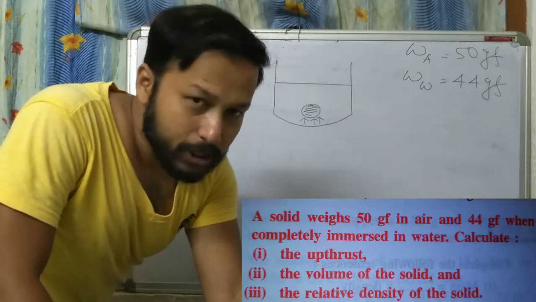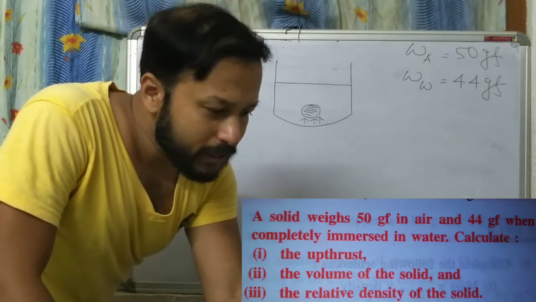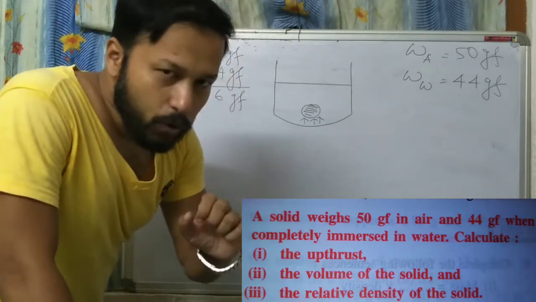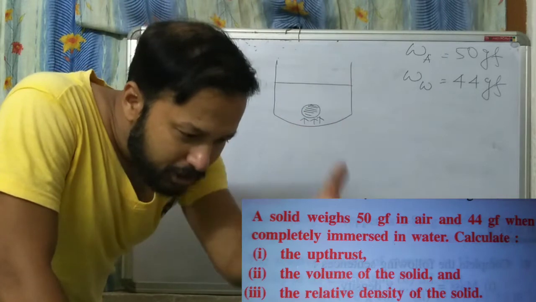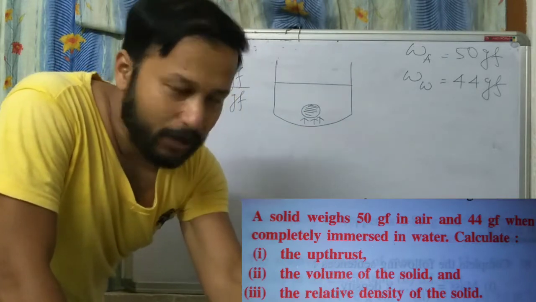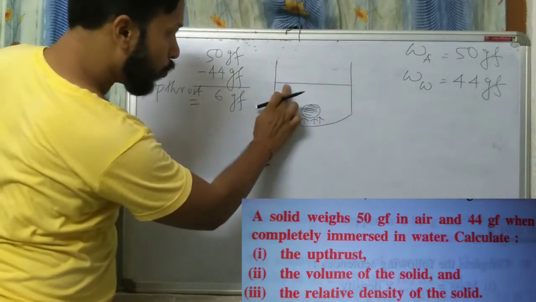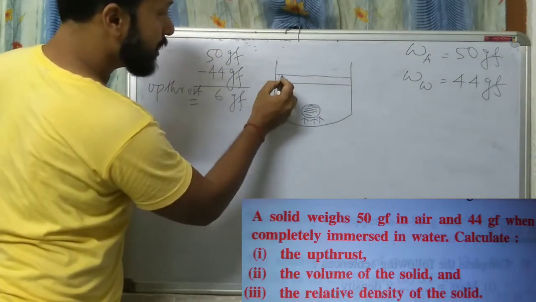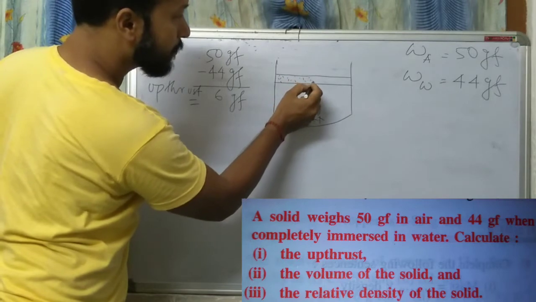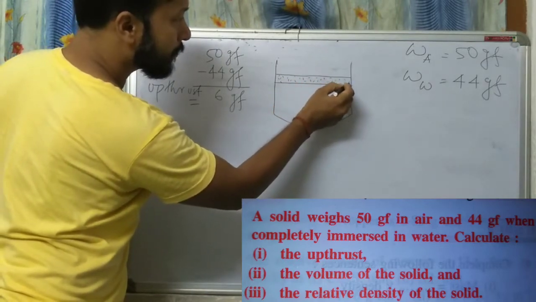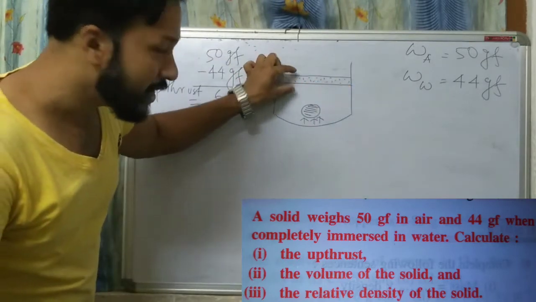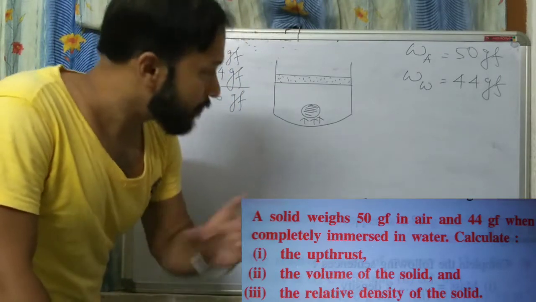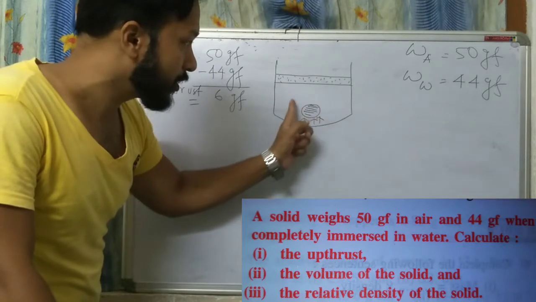Now the question is not finished yet. What is the volume of the solid? When you have immersed the solid in that liquid, then the water level will go up. So this is the displaced water, and you have to find the volume of this solid.